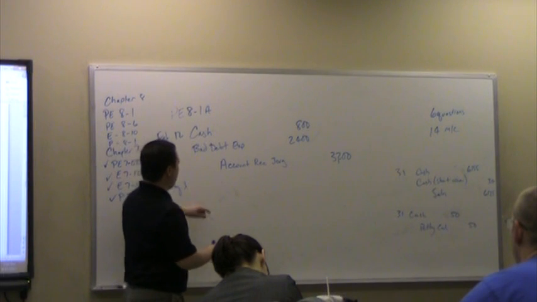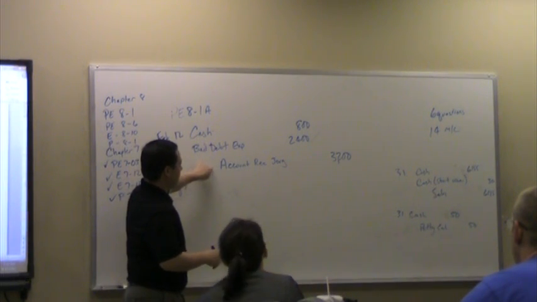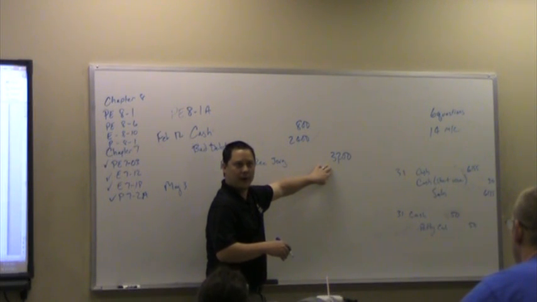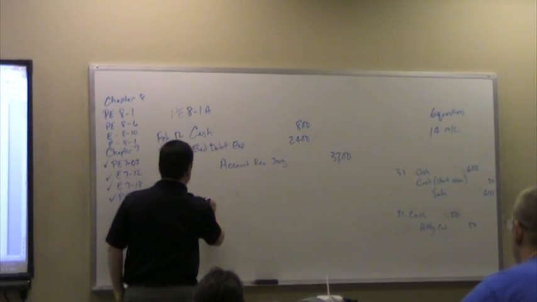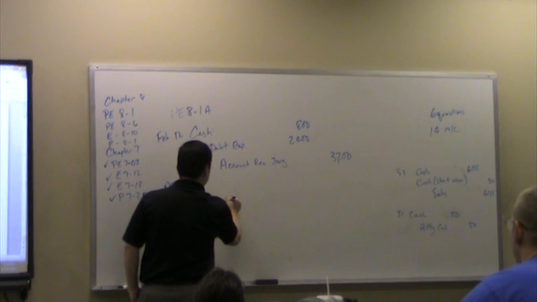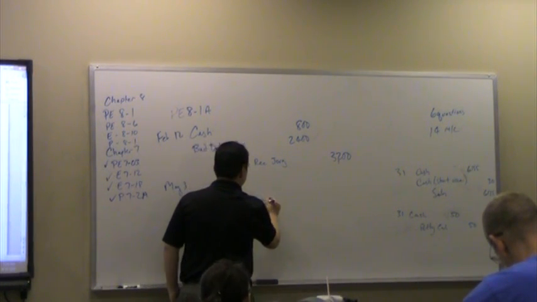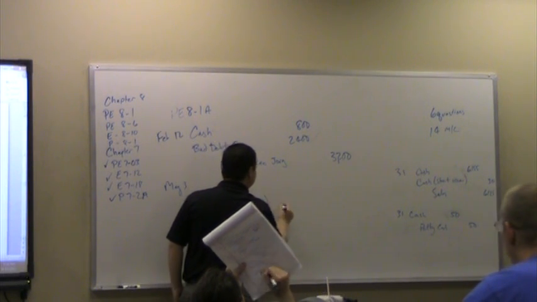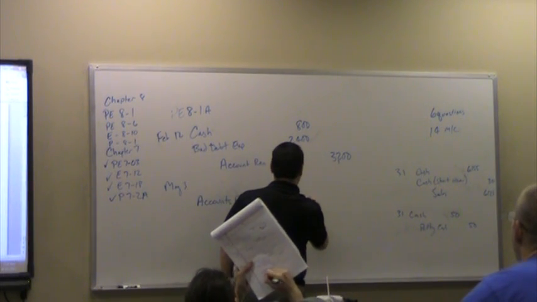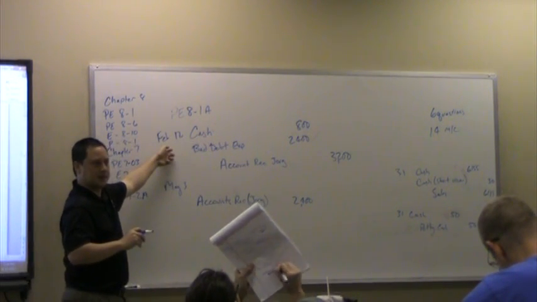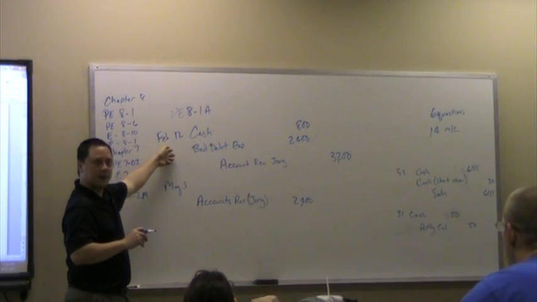So what we're going to do here is, because he paid 800 of this, he owes us 2,400, right? So what we're going to do now is reinstate his account to accounts receivable. And then 2,400. And then we are going to eliminate that bad debt expense, because that is now no longer bad debt, right?